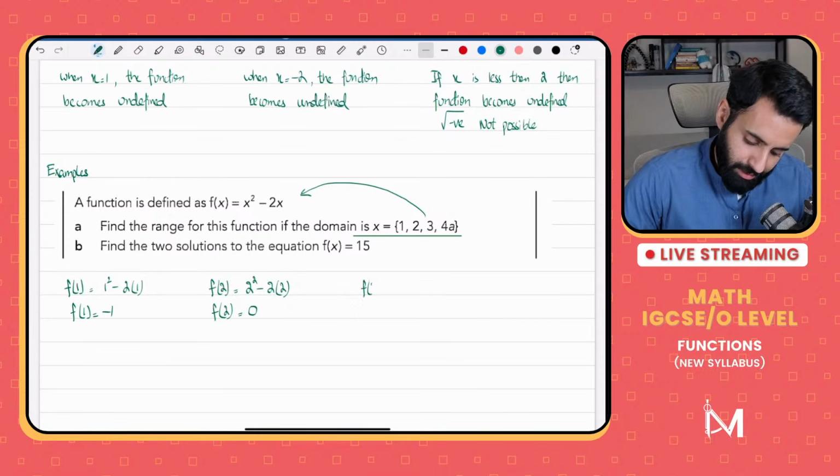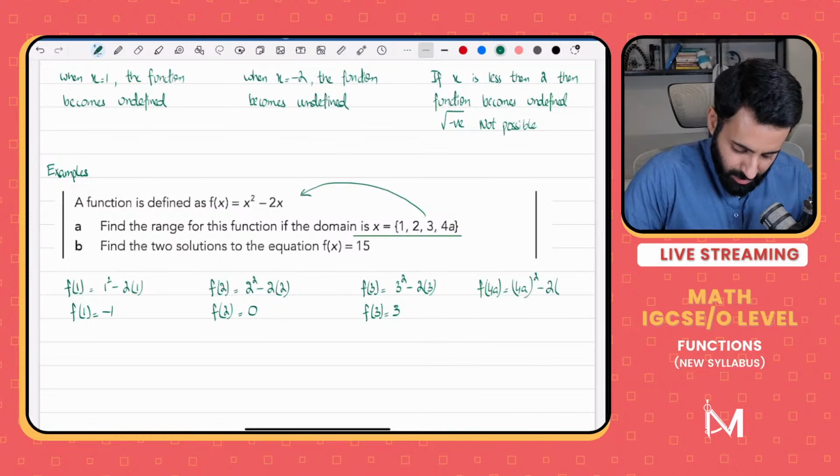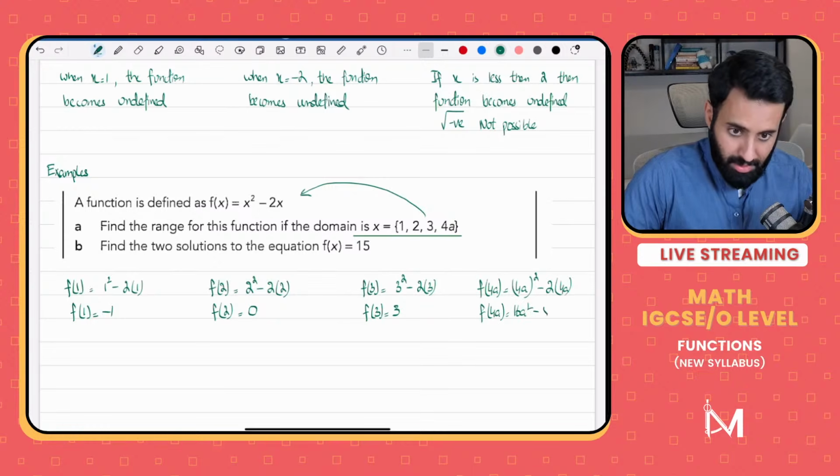And then f of 3 is equal to 3 squared minus 2 times 3, which means 9 minus 6, and that's equal to 3. And then finally, f of 4a means 4a squared minus 2 into 4a. So f of 4a equals 16a squared minus 8a.